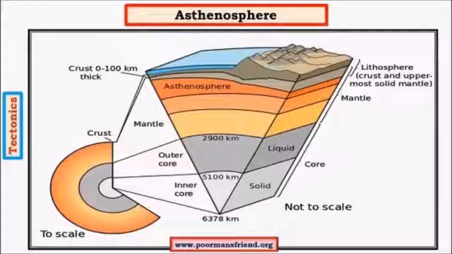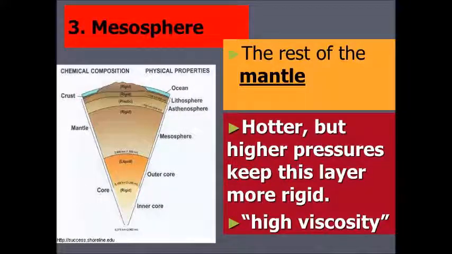The upper mantle is also called asthenosphere. It is partially in the molten condition. The lower mantle is also called mesosphere and it is in a solid condition.